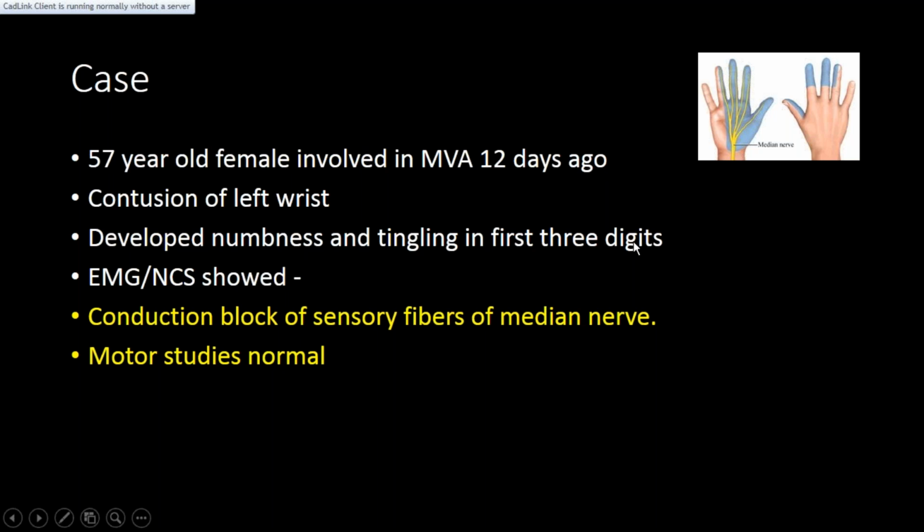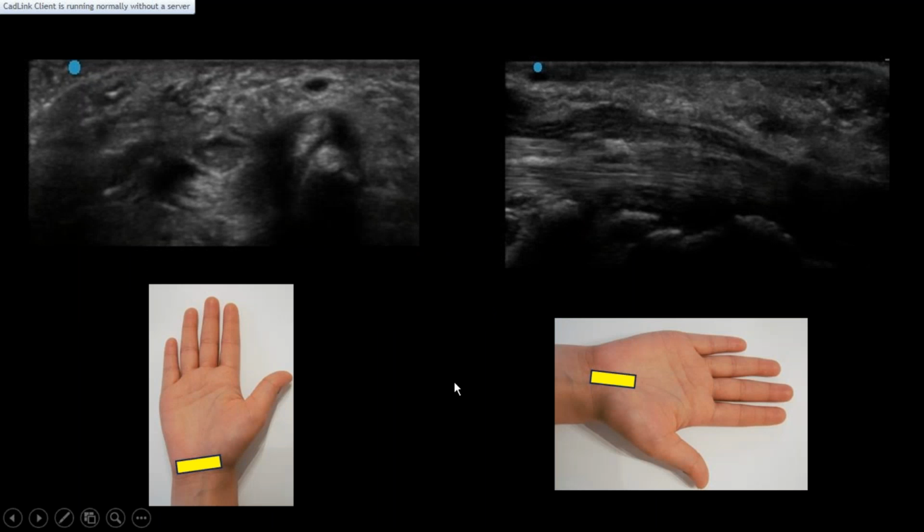With EMG studies, we found conduction block of sensory fibers of median nerve, and motor studies were normal. This is a patient who never had any wrist symptoms before and just developed them very recently. So we are looking at an acute and recent onset carpal tunnel syndrome.